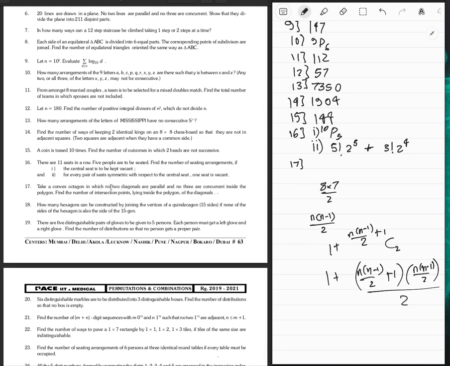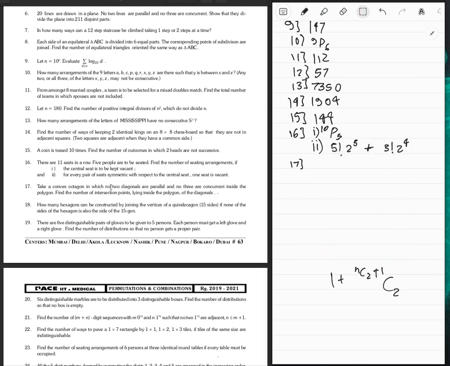Weird. This is nC2. So you know what, I like this: 1 plus nC2 plus 1 and all of that C2. Yeah, that's our formula. In this case, n is going to be what, 8, right?